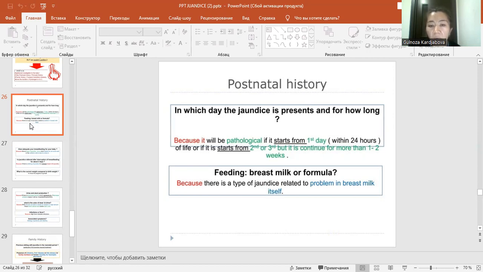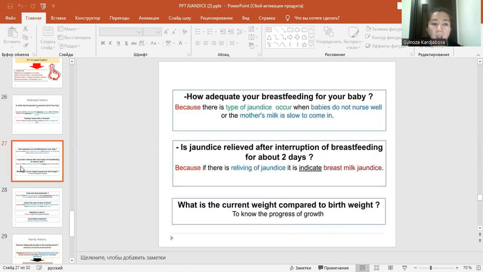Feeding: breast milk or formula, because the type of jaundice may relate to a problem in the breast milk itself. How adequate is the breastfeeding for your baby? Because this type of jaundice occurs when the baby is not nursed well or the mother's milk is slow to come in. Is jaundice relieved after interruption of breastfeeding for about 2 days?